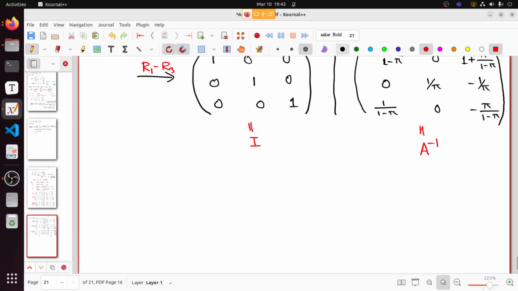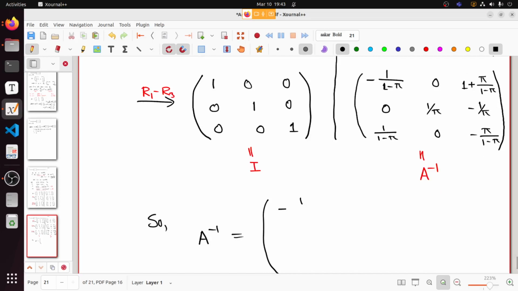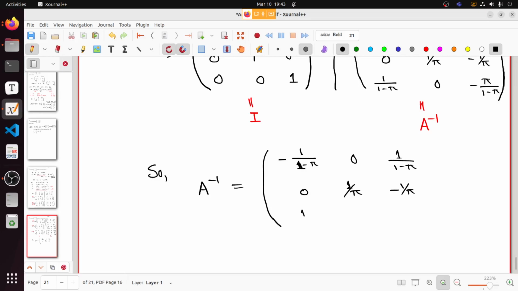So what is the inverse? A inverse is this: minus 1 by 1 minus pi, 0, if you do 1 minus pi, it's 1 by 1 minus pi; 0, 1 by pi, minus 1 by pi; 1 by 1 minus pi, 0, minus pi by 1 minus pi, right?